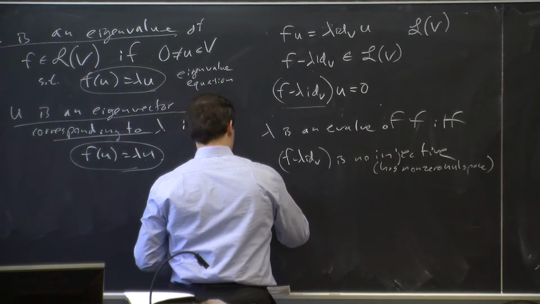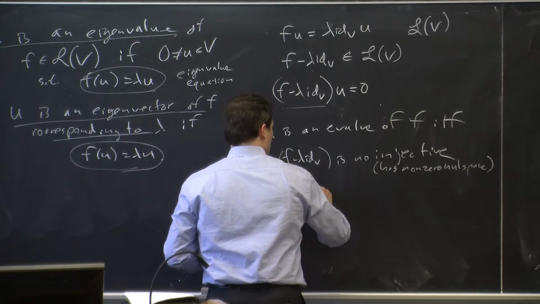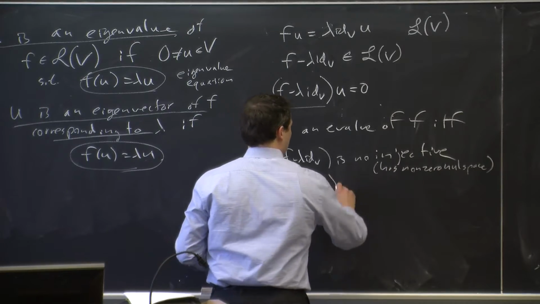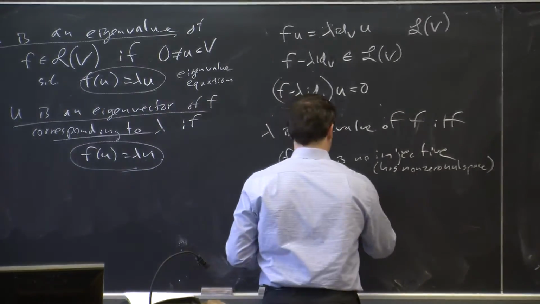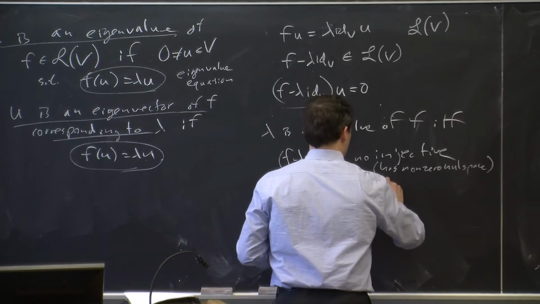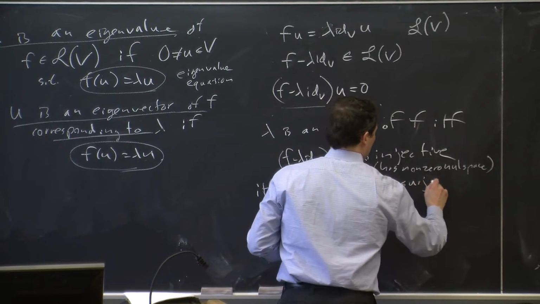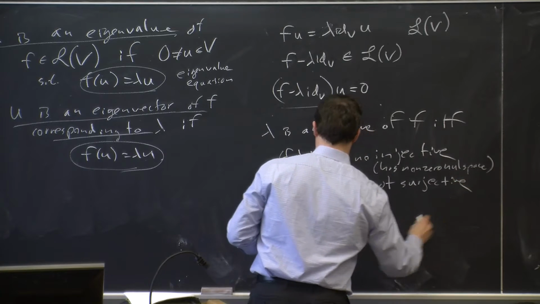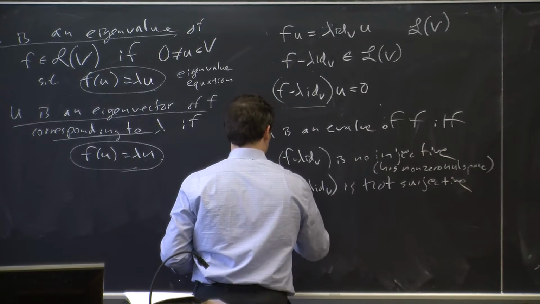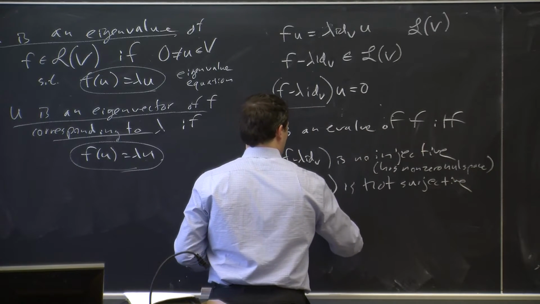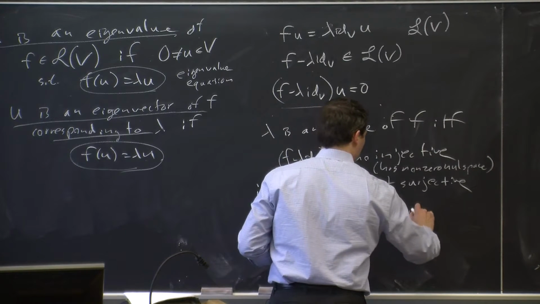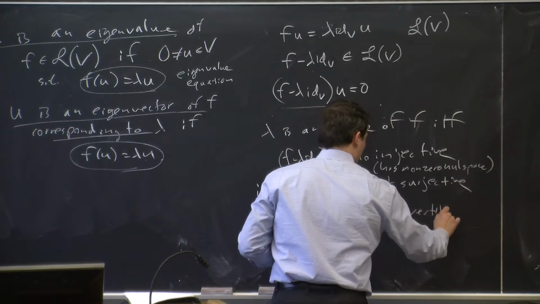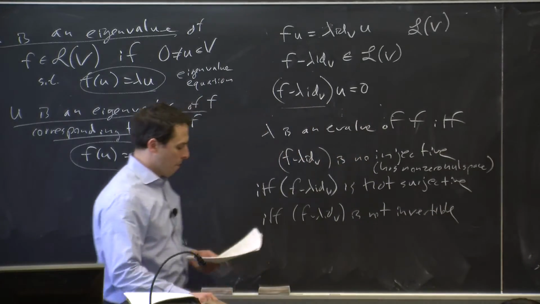That's true if and only if, because injective and surjective collapse to be the same thing in the context of endomorphisms, if and only if this is not surjective. If and only if f minus lambda id v is not invertible. Or I could have also said isomorphic.